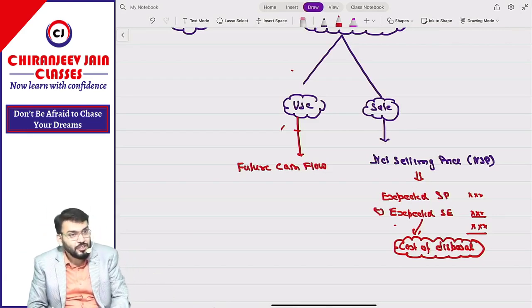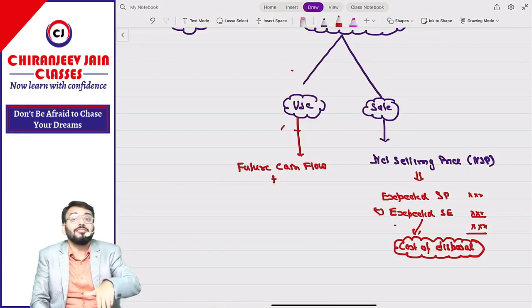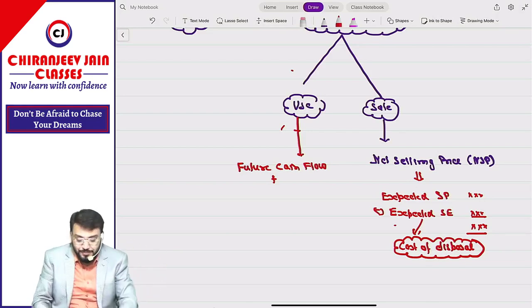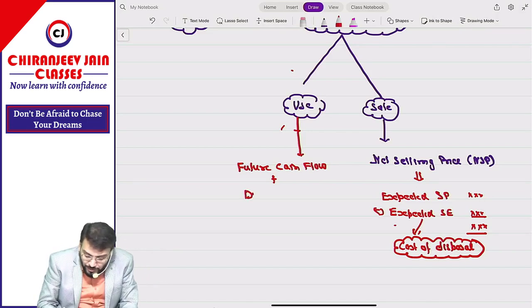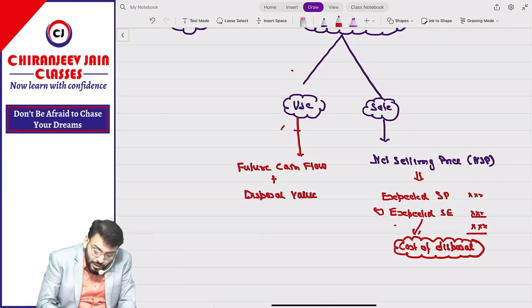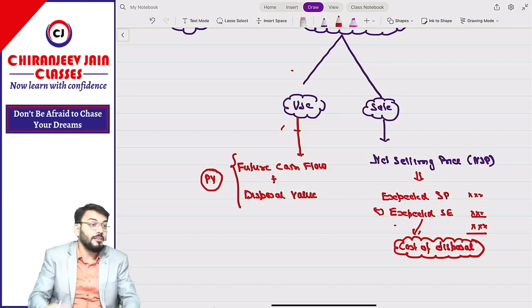Correct? Yes or no? And at the end of useful life, what will you do? You will dispose of the asset. So can you see you have some disposal value? Understood? Correct. Now, if you calculate present value of this, now in every chapter what is coming?